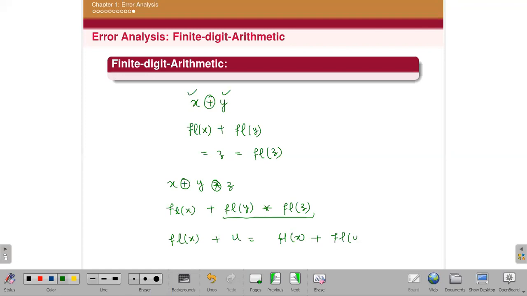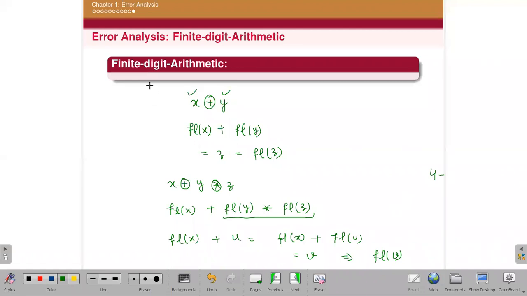So FL of U. Again in the calculation you get, suppose V, and your final answer will be FL of V. If it is mentioned that you have to use 3-digit rounding or 4-digit rounding arithmetic, you have to keep those 4 digits at each step only. So this is called finite digit arithmetic, or you can write n-digit arithmetic. Finite digit arithmetic means you have to keep that many digits at each step.